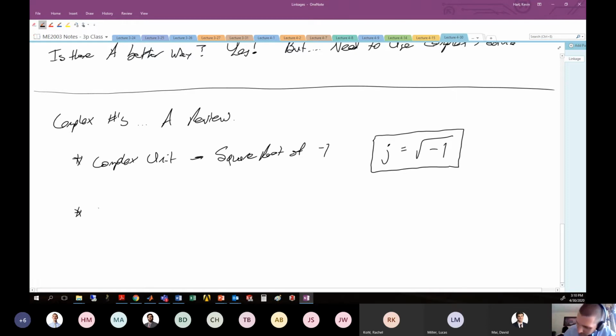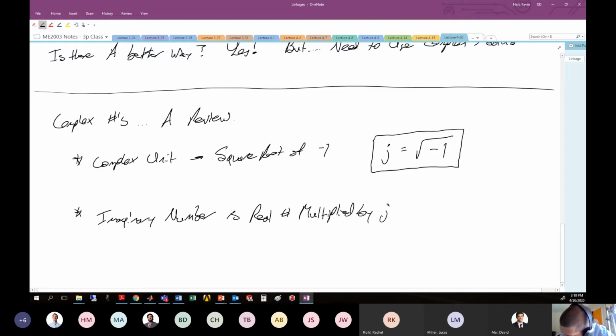With that, then a complex number, sorry, an imaginary number is a real number multiplied by j.